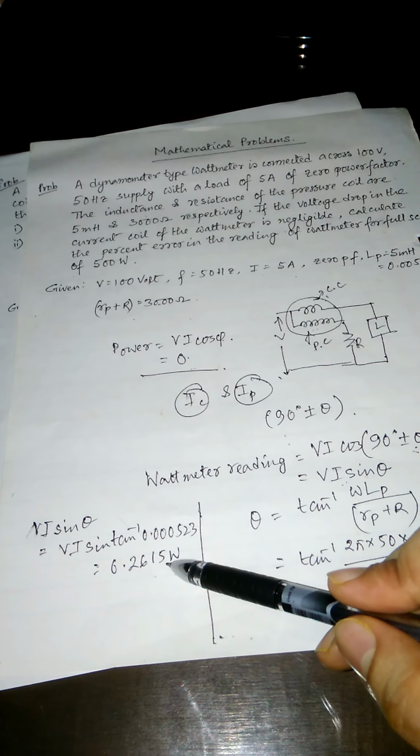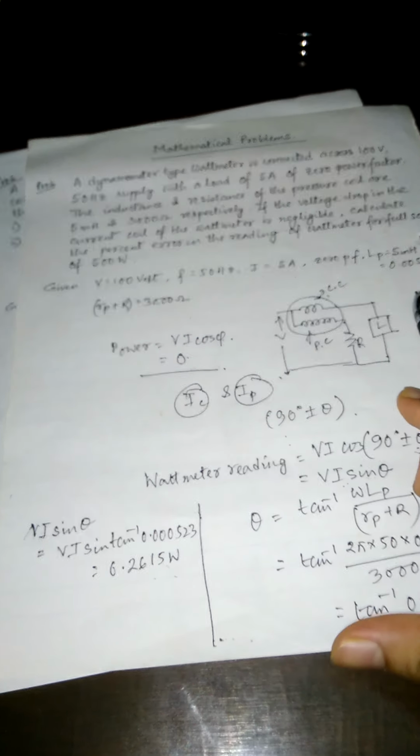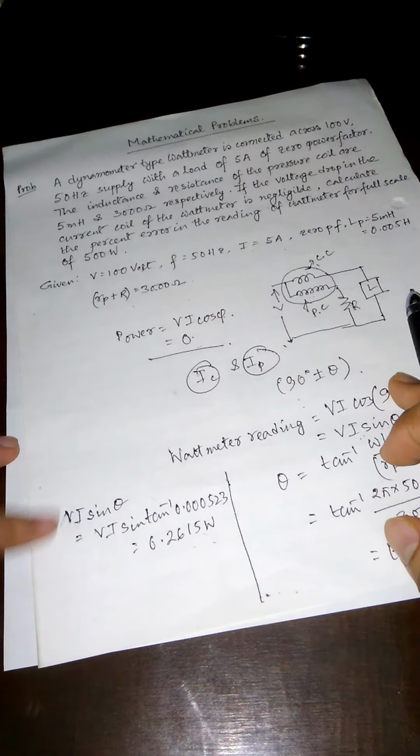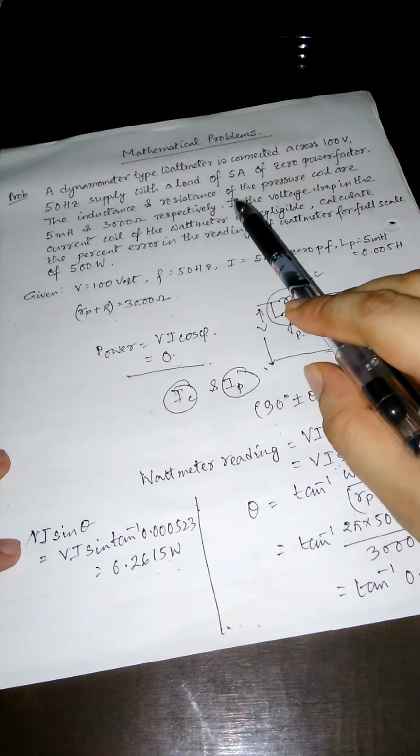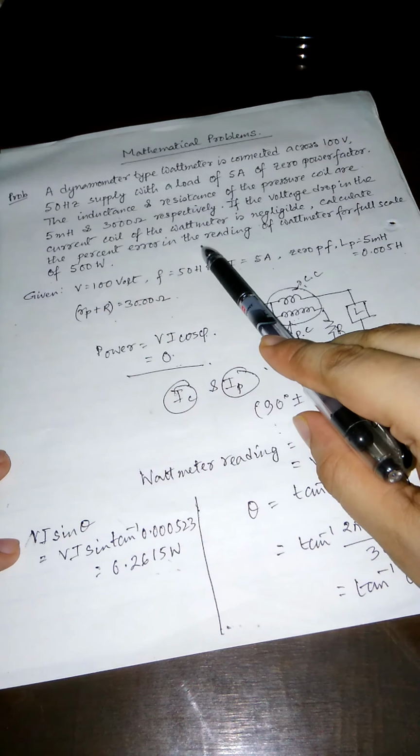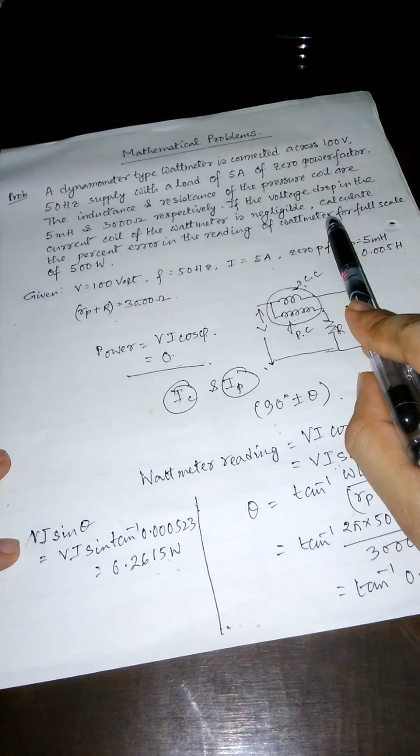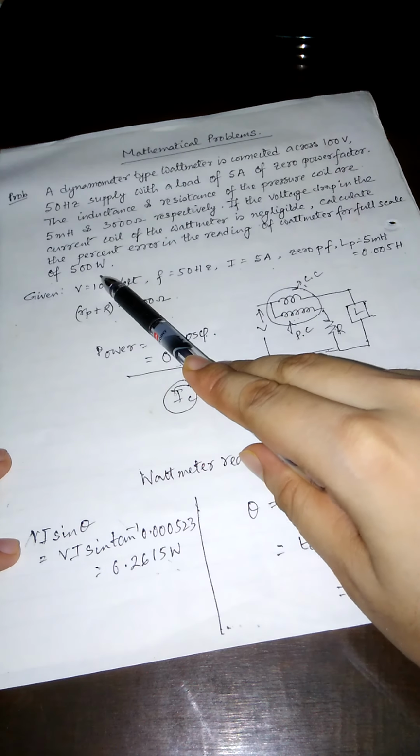That means this is the error. So if we are doing the percentage error, it is applicable for a wattmeter with a full scale of 500 watt.